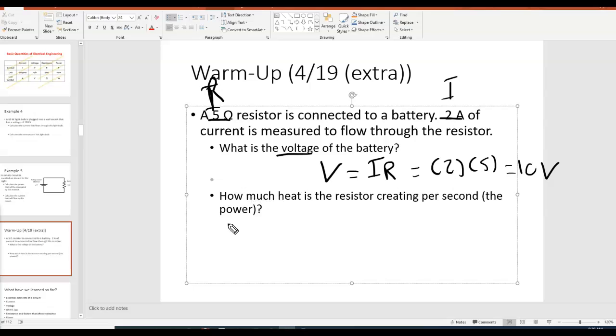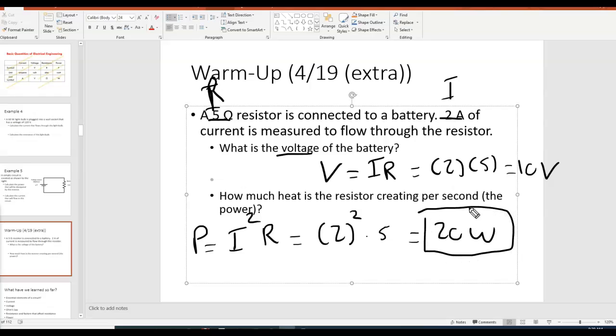This question is asking me about power, and I'm going to use the equation that has I and R because that's what I'm given, so P equals I squared times R. So that's going to be 2 squared times 5. 2 squared is 4, so 4 times 5 is 20 watts. So hopefully you got 10 volts and 20 watts for those two questions. Pause there. Check those answers with the ones you got. Hopefully you got those correct.